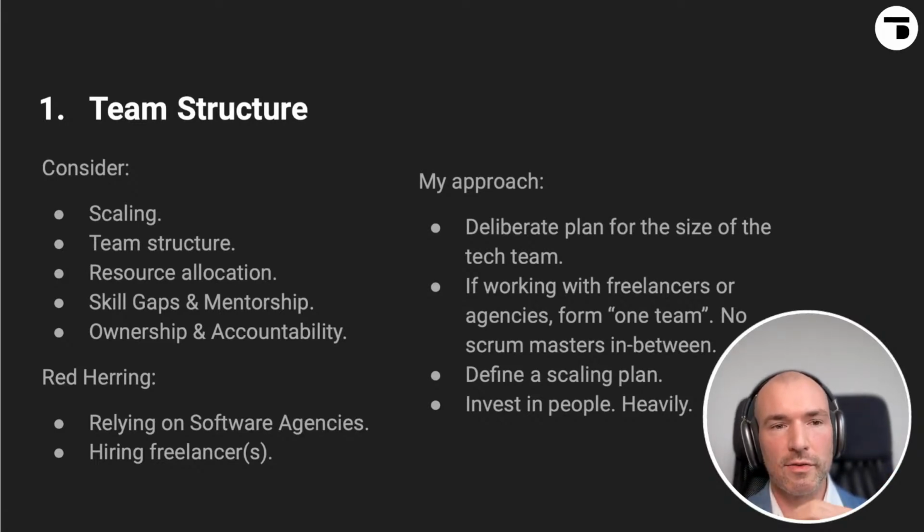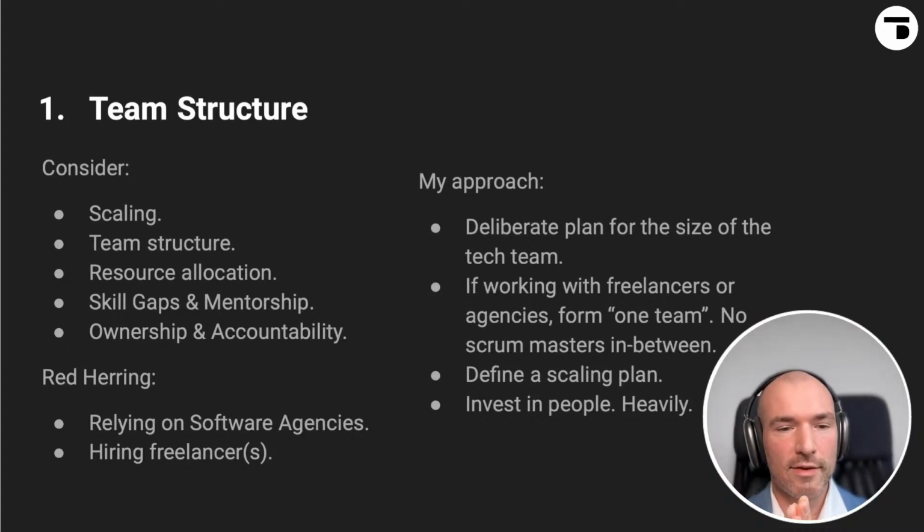No scrum masters in between, no crazy communication channels. Basically, regardless of the form of contract everyone has, it should not play a role in how they integrate within that team that is building the MVP. And then having a scaling plan of who do we need to hire, resource allocation, what skill gaps do we have, and aggressively give out ownership and accountability so that the developers feel empowered to actually perform.